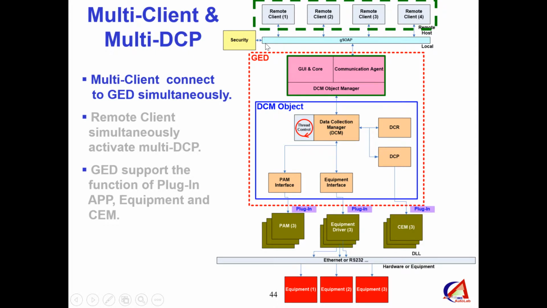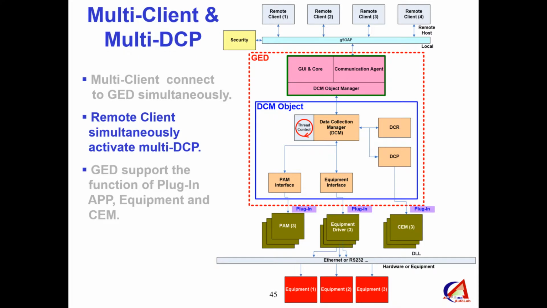So you see this is a very good architecture to do intelligent prognostic systems, because complicated equipment may have so many devices in one equipment. So each device needs prognostics or predictive maintenance software, and we can do something like that. Okay, so remote clients simultaneously activate multi-TCP and then support.